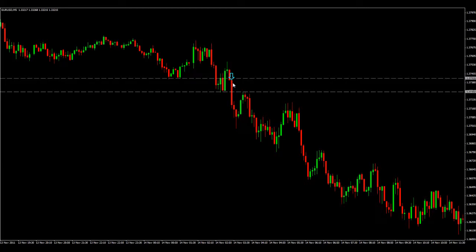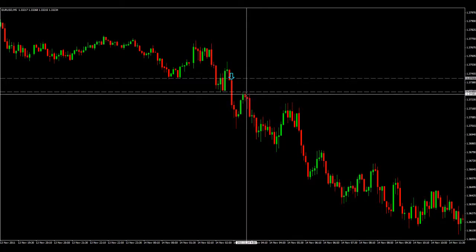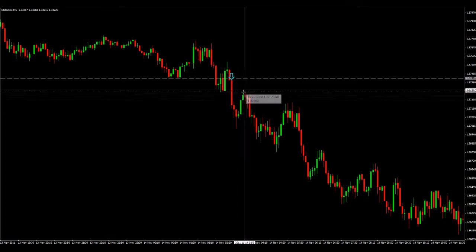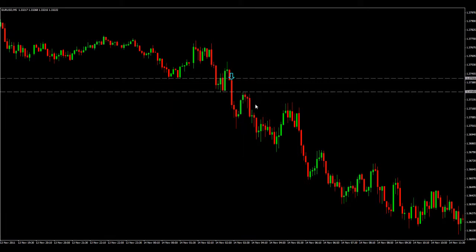We've got a pretty good move down, and as you can see, a pretty good move back up, with a wick that came up and touched this level. That's the first good sign. Then we had another wick that came back up and touched this level, and again it did not break that support level.